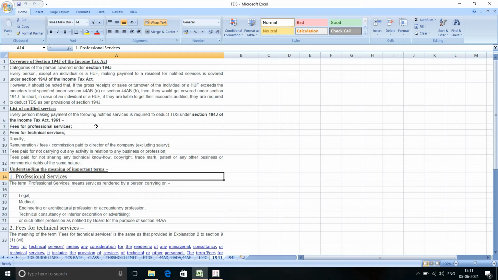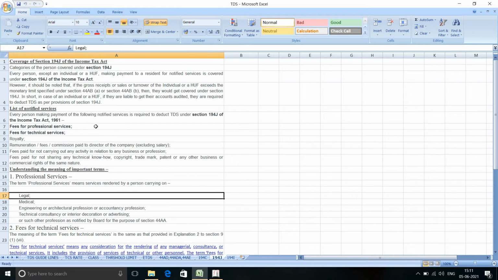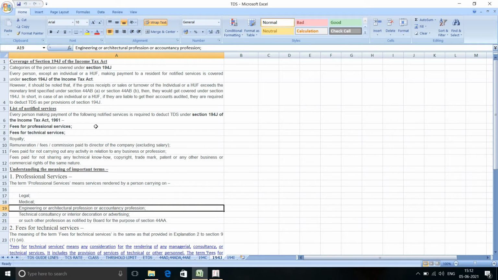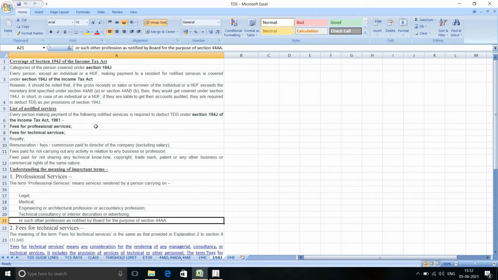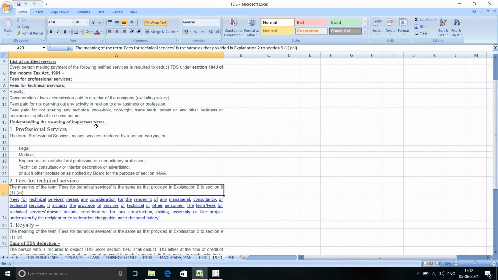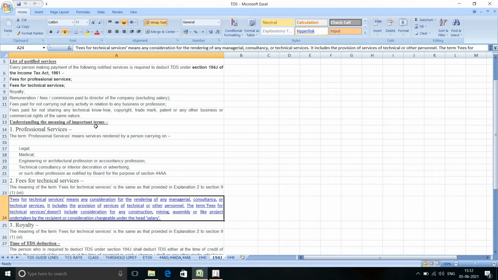Professional fees means legal fees, medical service, engineering or architecture, professional accountancy service, technical consultancy or interior decoration service. These all come under professional service. Second, fee for technical service means any consideration for the rendering of any managerial, consultancy or technical services.